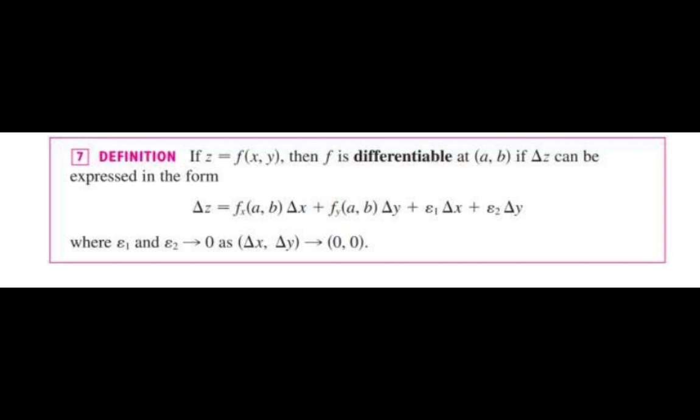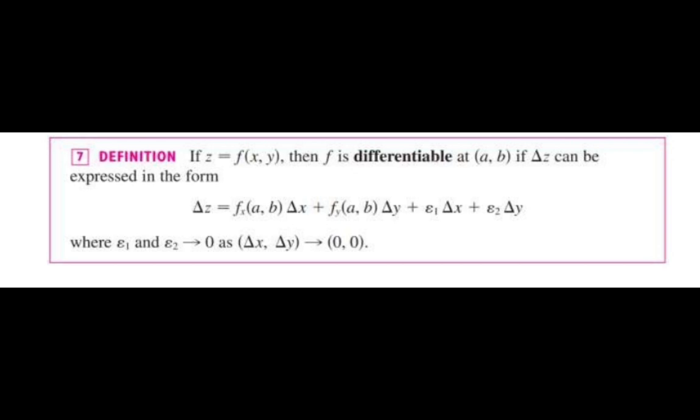For the definition, if z is equal to f of x, y, then f is differentiable at (a, b) if the change of z can be expressed in the form Δz = f_x(a, b)Δx + f_y(a, b)Δy + ε1Δx + ε2Δy, where ε1 and ε2 approach 0 as Δx and Δy approach 0 and 0.